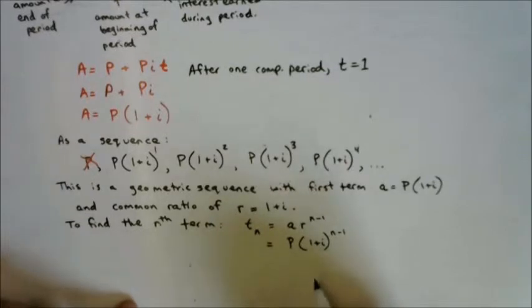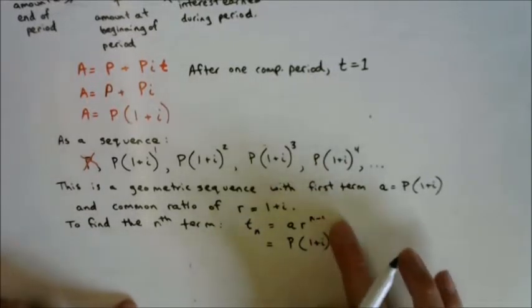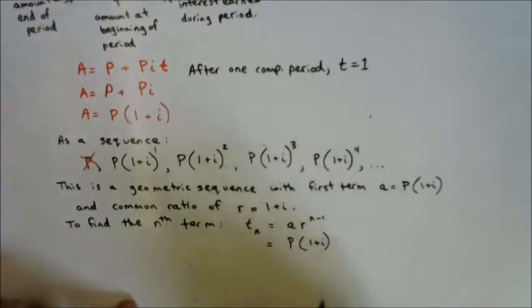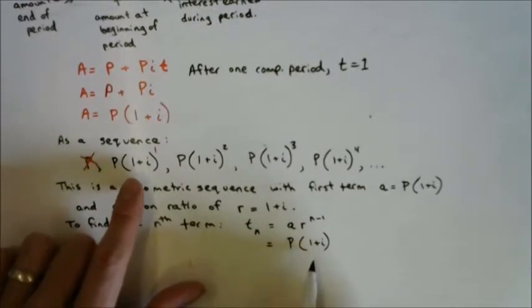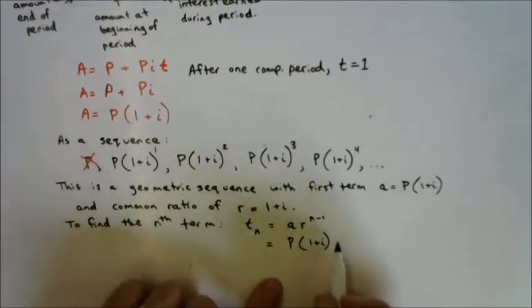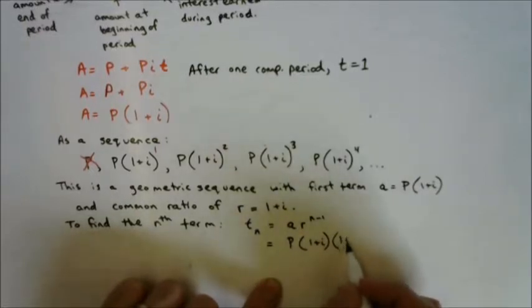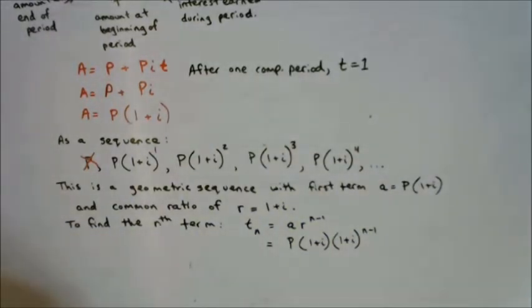And that also means here, if you could just erase for a second, now when we sub in, our first term is P times 1 plus i, so that's what's there. And our r is 1 plus i, and then we still have n minus 1 in the exponent.